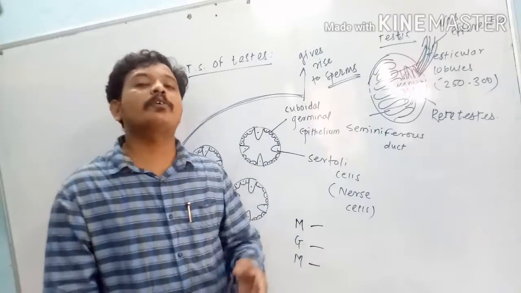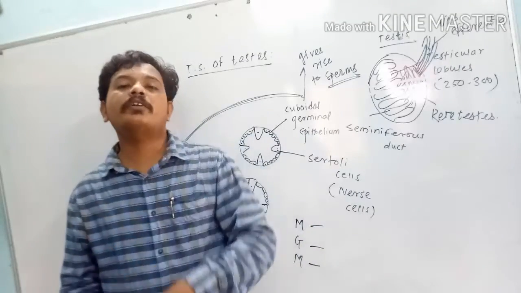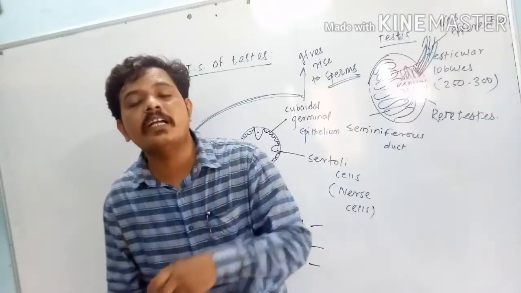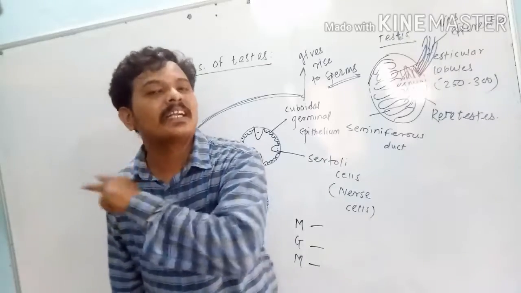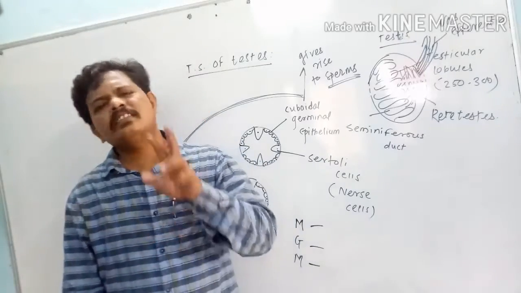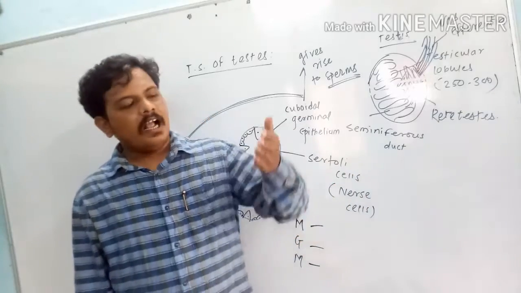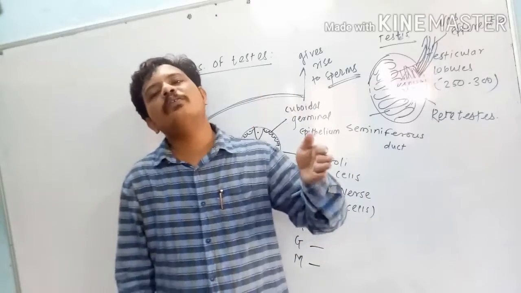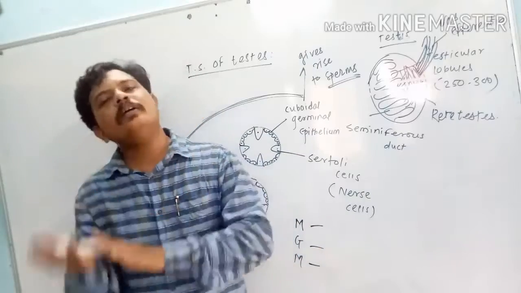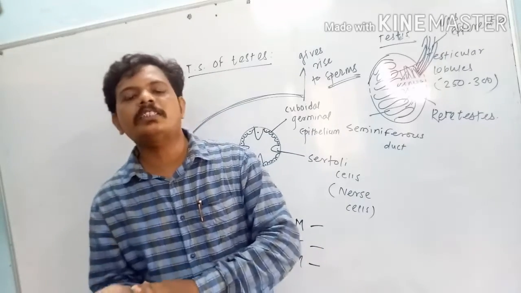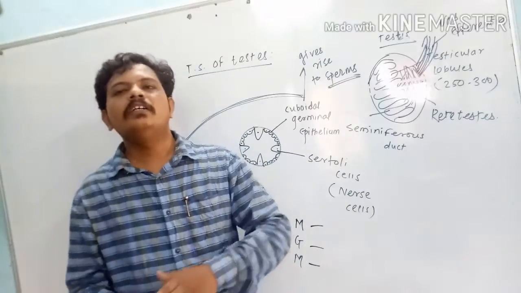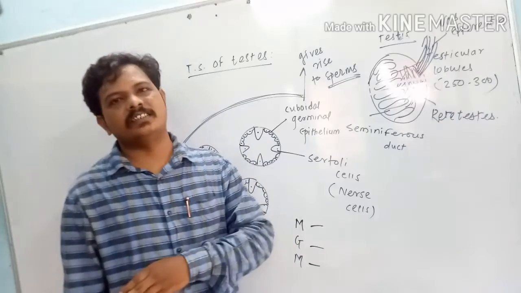Secondary spermatocyte undergoes second meiotic division or second maturation division to form the spermatid. Spermatid is nothing but a sperm, but it is immotile, means non-motile, and when such non-motile spermatid develops into the motile spermatozoa or sperm, such process is called spermiogenesis.